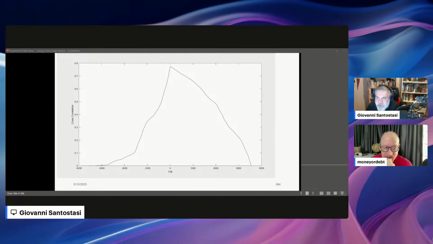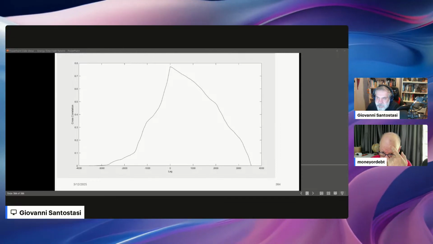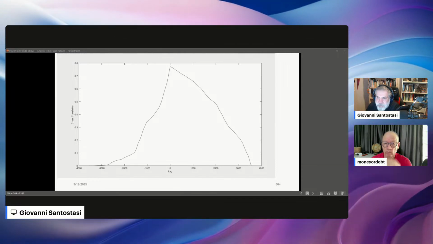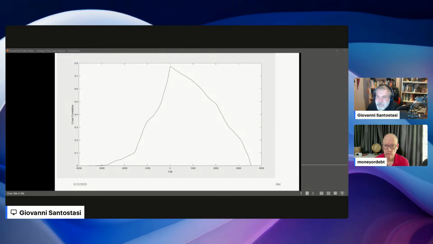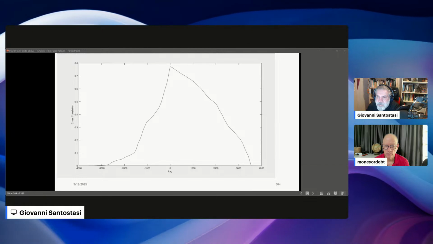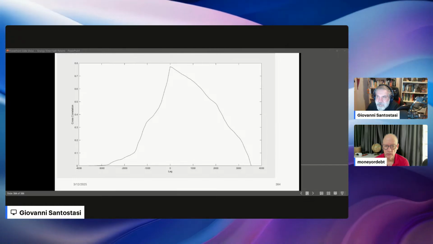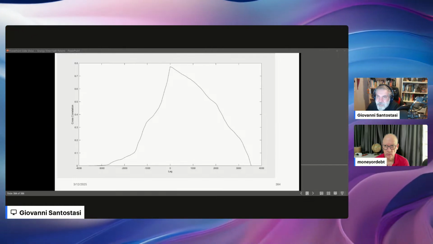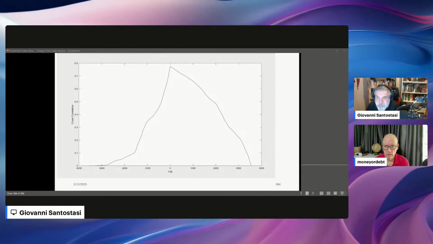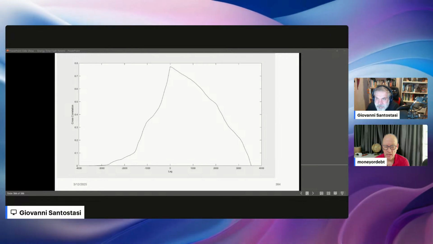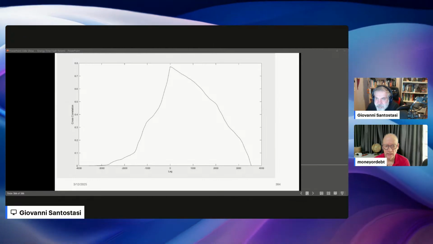I did double check if I got anything like 70 days. Just a second, I'm trying to zoom in. I see what you're saying. You're saying the peak is not exactly at zero, just roughly.